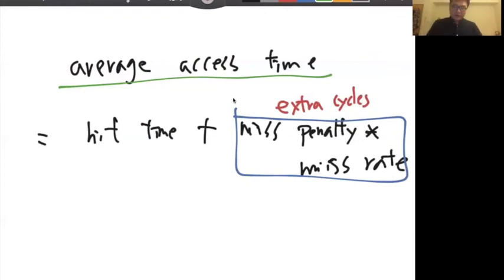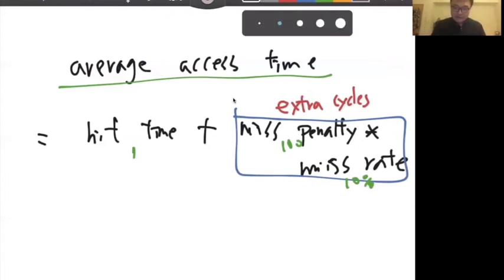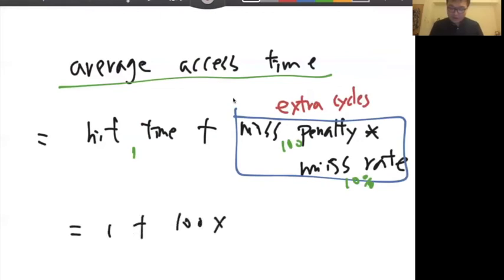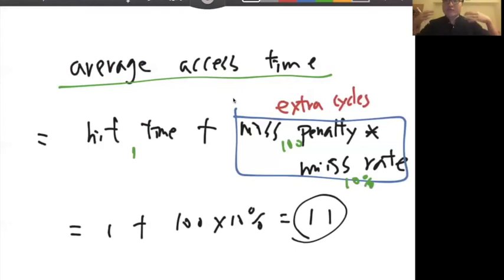If your hit time is 1, your miss penalty is 100, and your miss rate is 10%, meaning that for every 10 instructions you only miss 1, then the average access time is still 1 plus 100 times 10%, which is 11. So each instruction needs 11 cycles to complete.